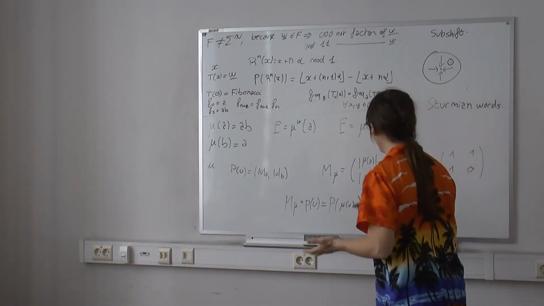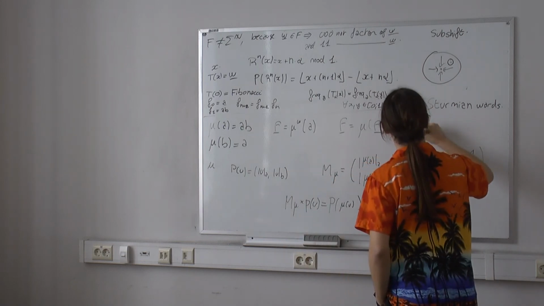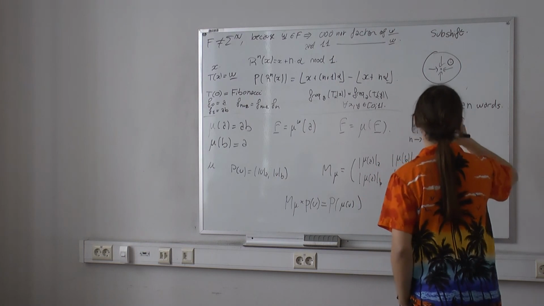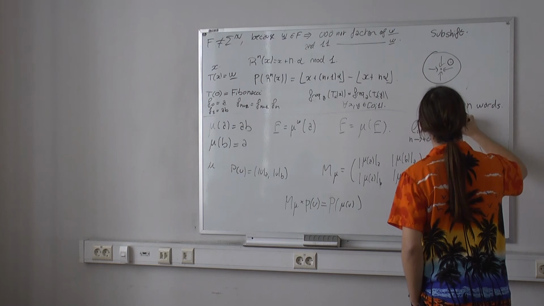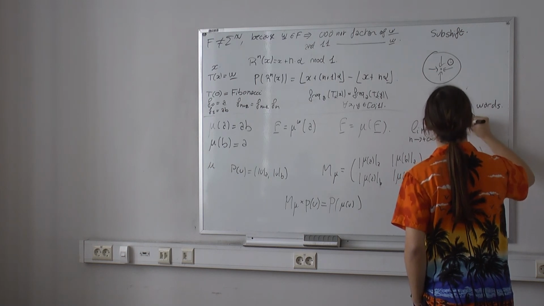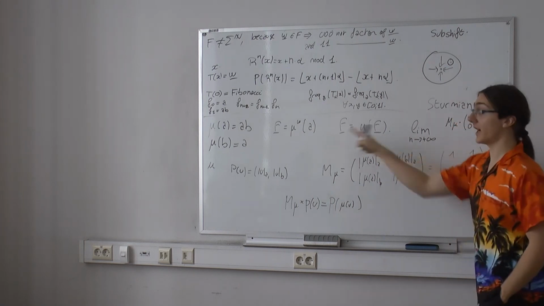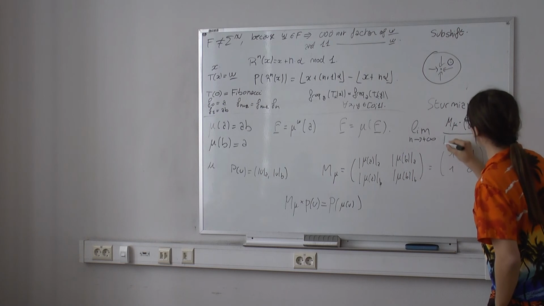And now, what we want to compute in this precise case for the frequency is something that looks like, if such a limit exists, this times, I start with the letter A, so I have 1 A and 0 B, and I want to normalize this by the 1 norm.